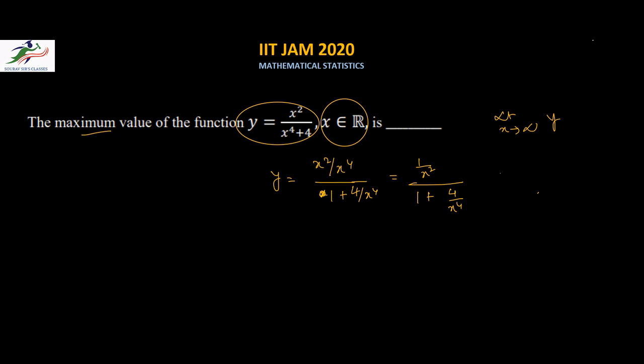And as x tends to infinity, then 1 by x square tends to 0, 4 by x4 tends to 0, so this becomes equal to 0 by 1, which is equal to 0. So the maximum value of the function is 0.